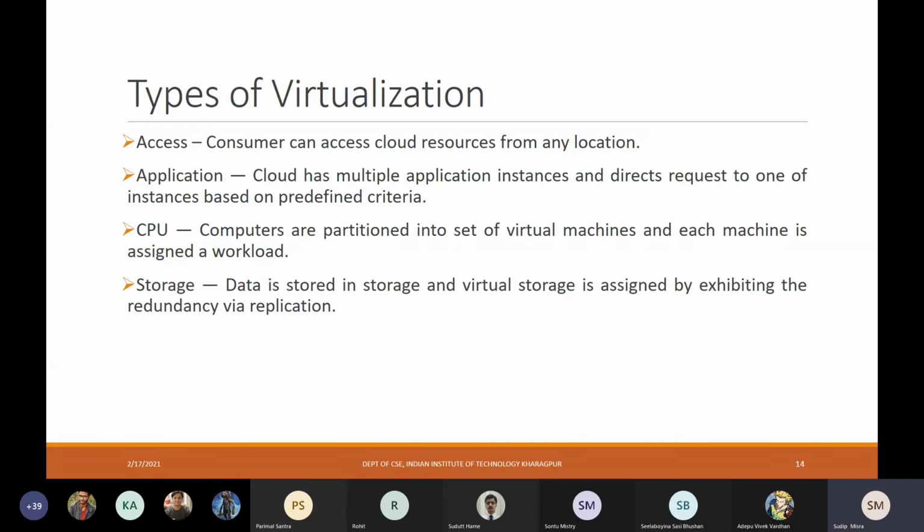This reminds me of something called storage area networks. How many of you have heard about storage area networks? Sir, I have. Very good. Cloud gives you, in terms of storage, as if you have unlimited access to storage.